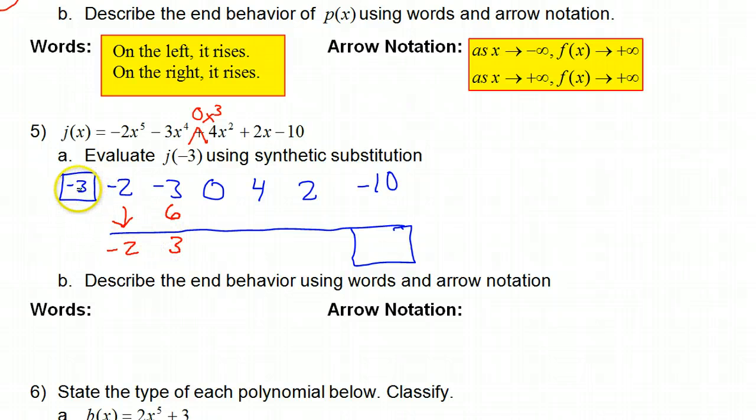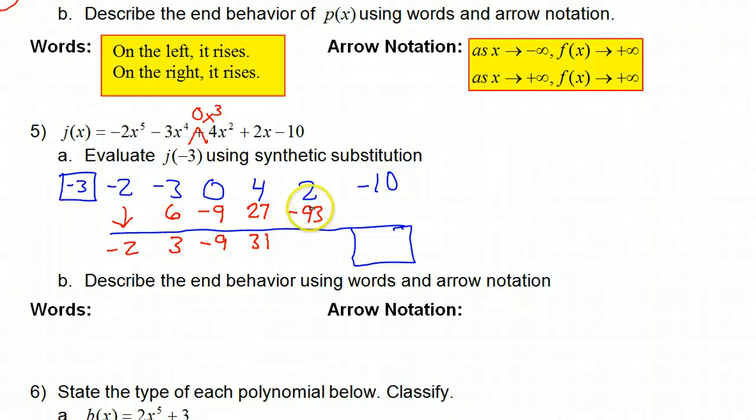3 times -3 is -9. 0 and -9 make -9. -9 times -3 make +27. 27 and 4 make 31. 31 times -3 is -93.